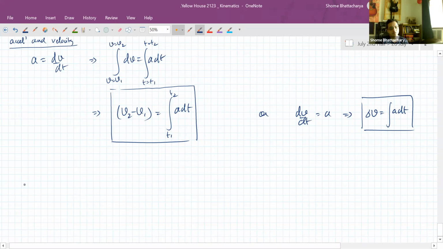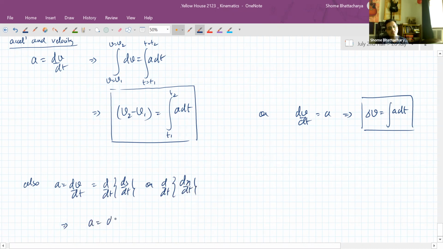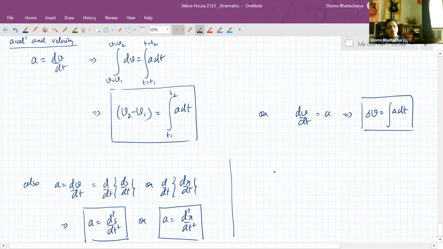Also, another important relation is that velocity is rate of change of displacement with respect to time, or rate of change of position with respect to time. So acceleration also has this relation that it is the second derivative of displacement, or position, with respect to time. It is something that we have discussed before also. That's another important relation. And a third relation is by application of chain rule.